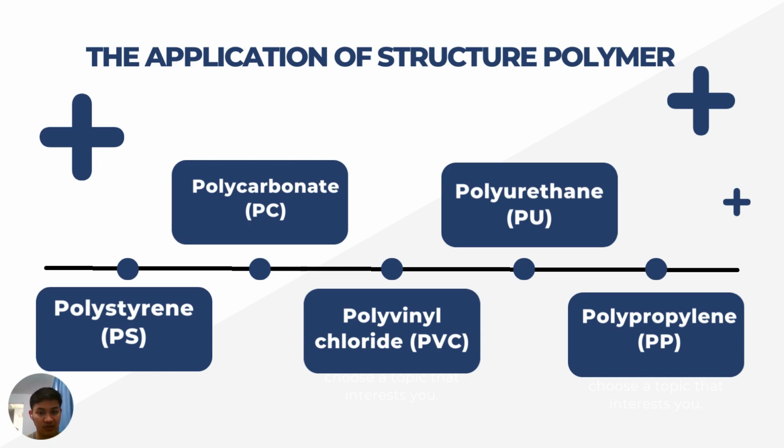Next, we have polyurethane. This polymer is composed of a chain of organic units connected by urethane links. It is widely used in metal sheets, car upholstery, thermal insulation, waterproof coating, casing, and films. And then we have polystyrene.